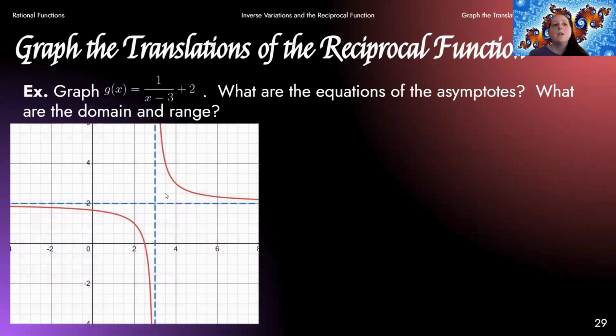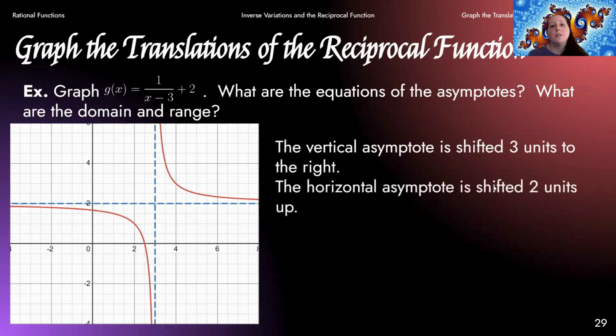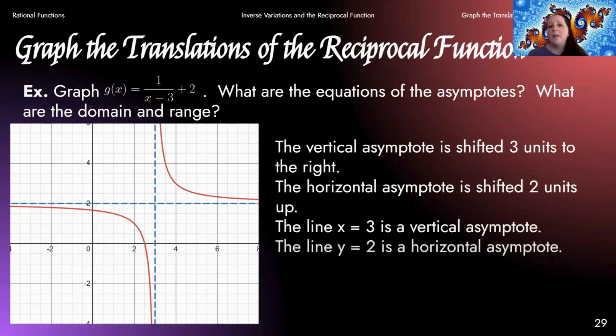So I have new asymptotes at x equals 3 and y equals 2. The vertical asymptote is shifted 3 units to the right, and the horizontal is shifted 2 units up. The line x equals 3 is my vertical asymptote. The line y equals 2 is my horizontal asymptote.